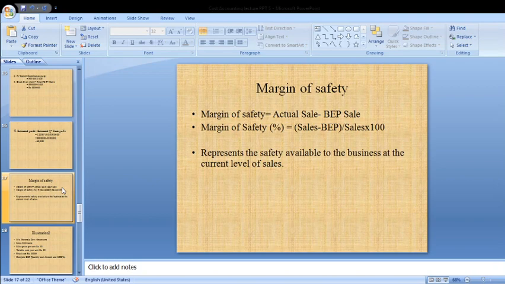Now, this represents the safety available to the business at the current level of sales, because everybody wants to avoid losses. So, to avoid losses, you need to be above a certain level of sales. How much you are above is the margin of safety. Now, let us try one simple illustration.